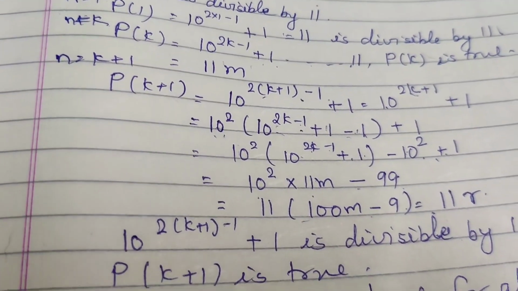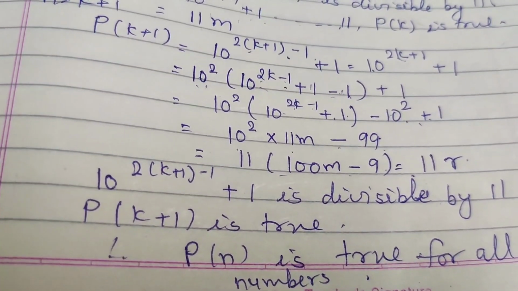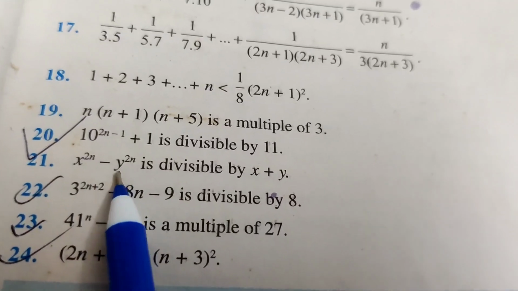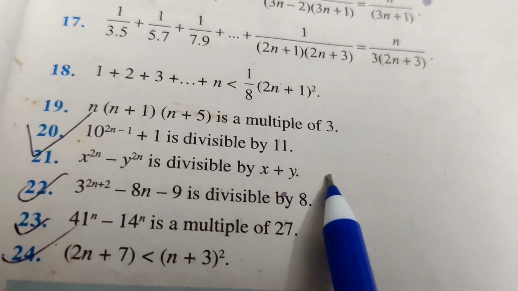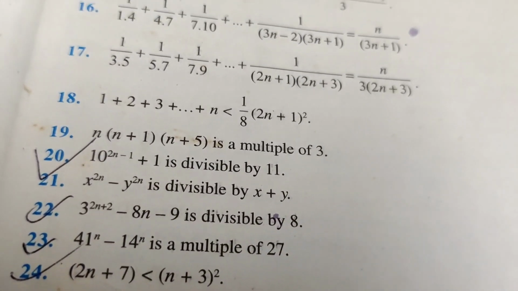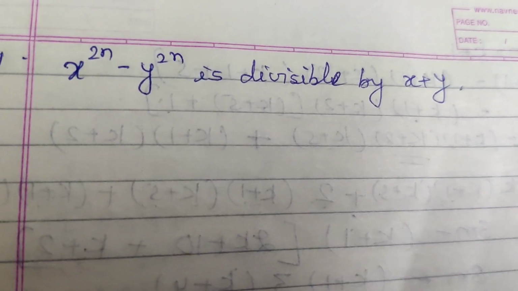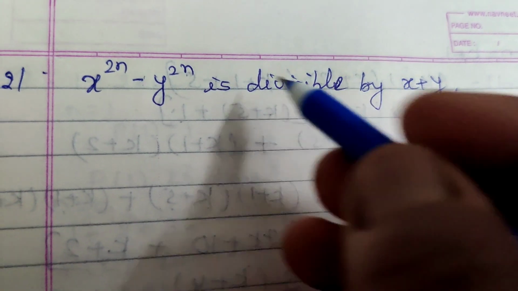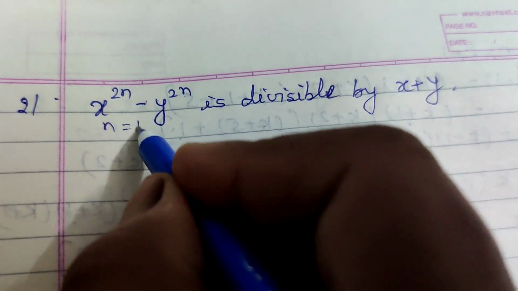Next, question number 21. The question number 21 is x raised to power 2n minus y raised to power 2n is divisible by x plus y. Okay. X raised to power 2n minus y raised to power 2n divisible by x plus y for n equal to 1.